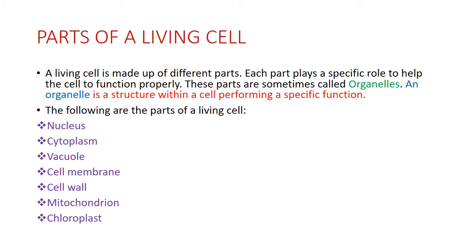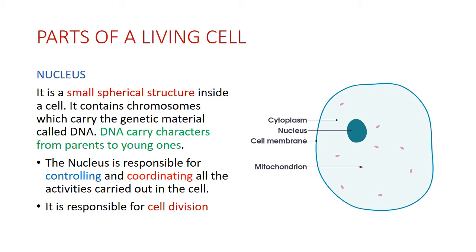So let's look at some of the parts. We have the nucleus, cytoplasm, vacuole, cell membrane, cell wall, mitochondria, and then chloroplast. All these are parts of a cell. The first one, nucleus. If you look at the diagram, you would see that the nucleus is a spherical structure which is usually located closer to the center of the cell.